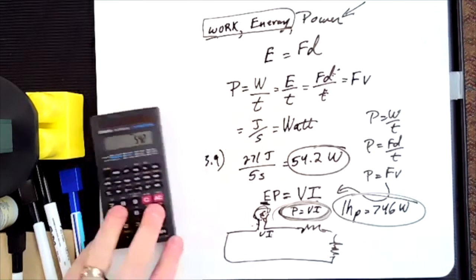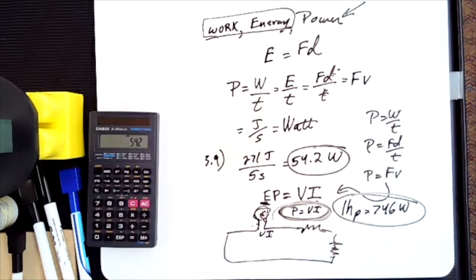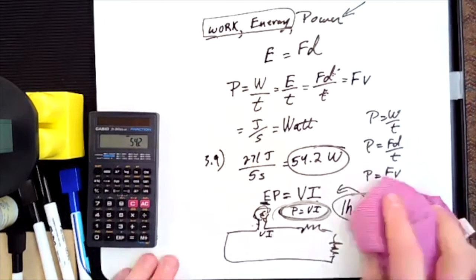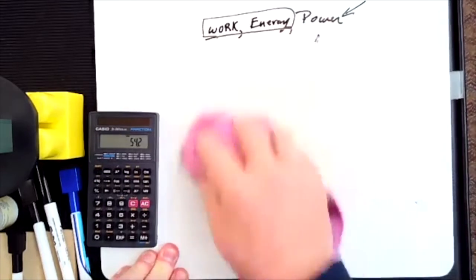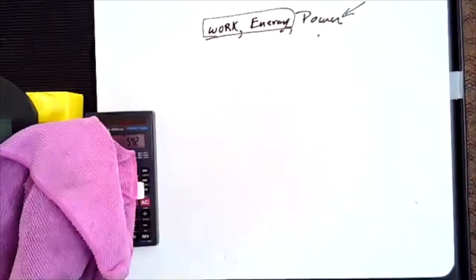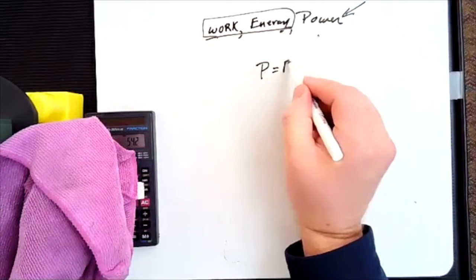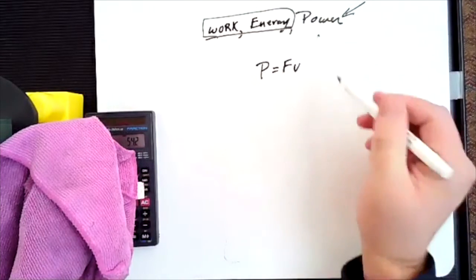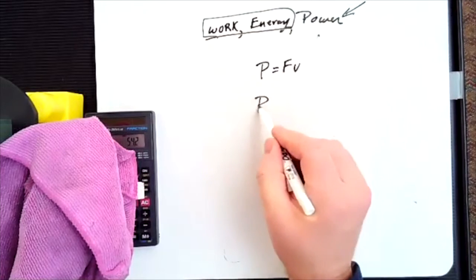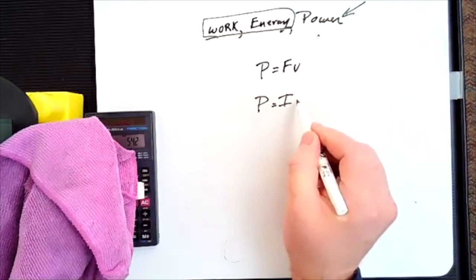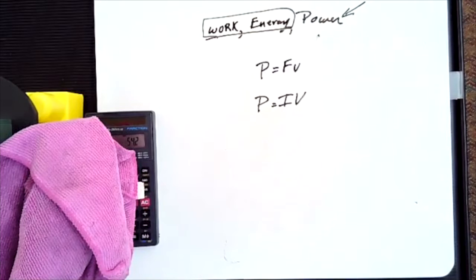Okay, so I want to stick on this just a little bit longer. Regular mechanical power is like force times velocity, right? So electrical power is current times voltage, right?